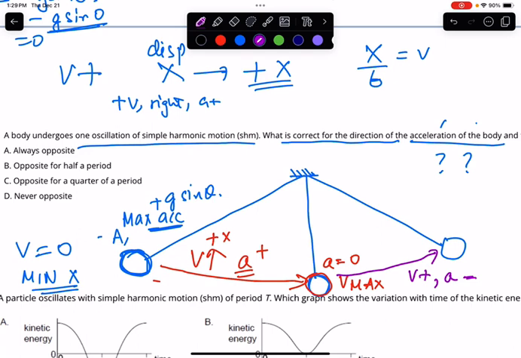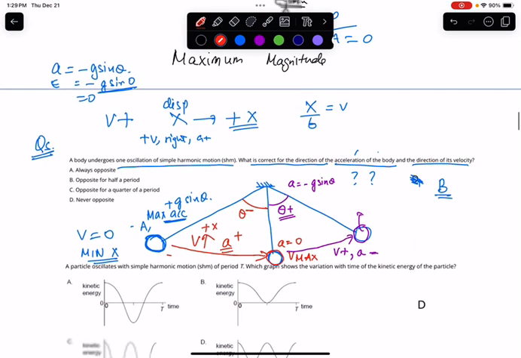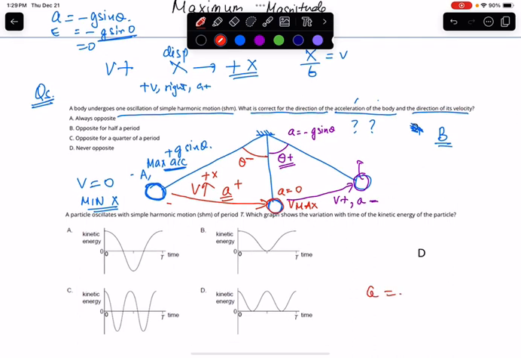Okay? And that's because we know that the acceleration is negative g sine of theta, and we see that when we enter this purple region, theta becomes positive. In the red region, theta was negative, so the acceleration was negative g sine of negative theta, which just becomes positive g sine of theta.